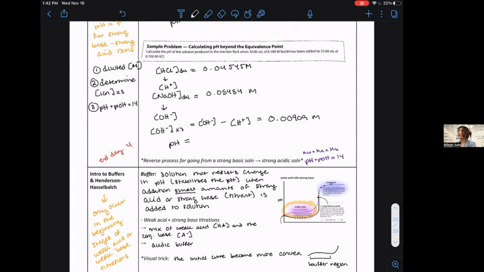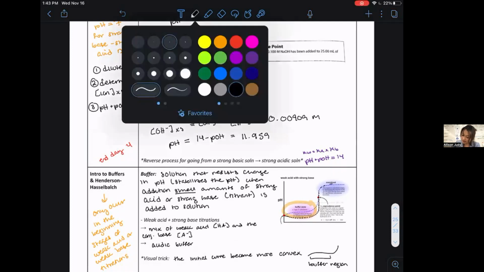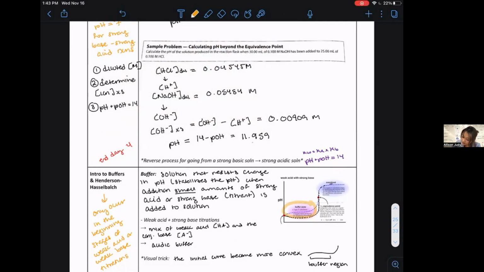And right now the information I have is in terms of base. So I'm going to use this relationship: pH equals 14 minus pOH. When I plug all of that in, I get 11.959, to 3 sig figs, because it's 3 sig figs after the decimal. And that is my pH post equivalence given this specific amount of excess base added.